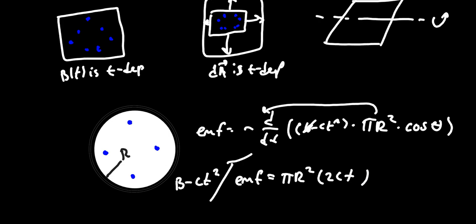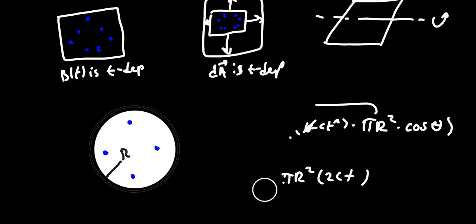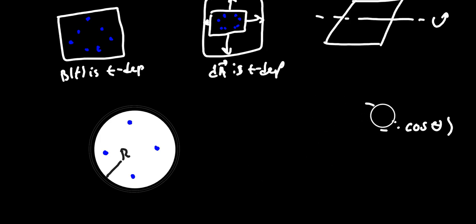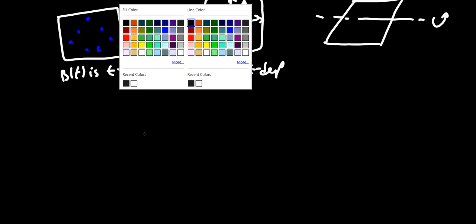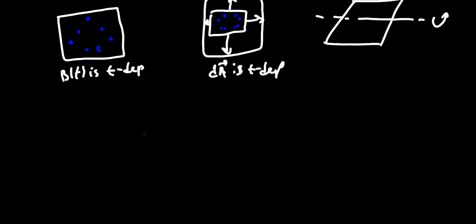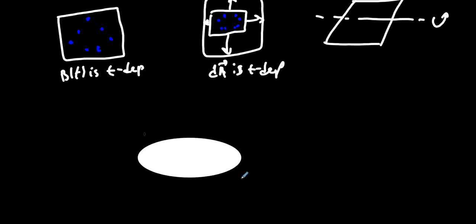Now, let's go over the last case scenario with this specific case where we have our changing magnetic field. Okay, let's make sure everything's the correct color. There we go. All right, we have a magnetic field here.